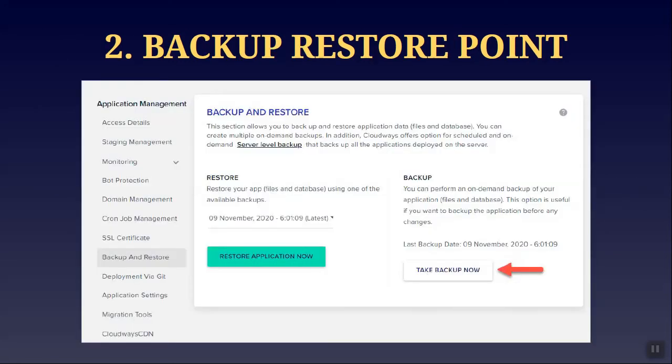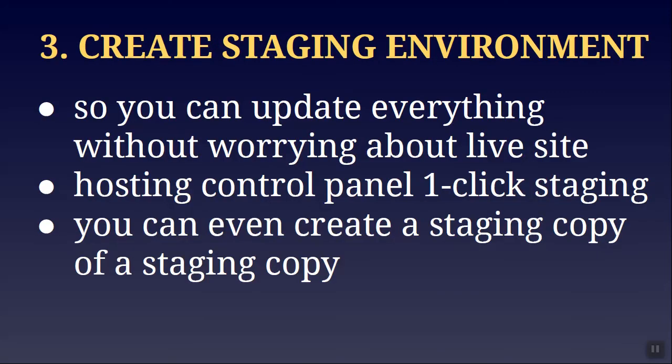At this stage, this is an example of my control panel in my hosting. I just go on to take backup now, and this will create a backup restore point for me so that I can go ahead and update.